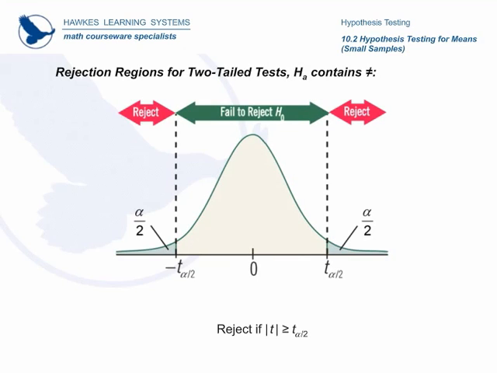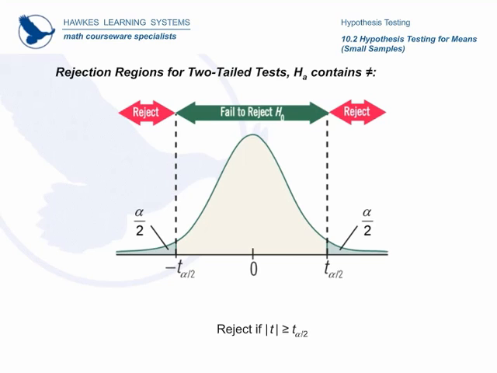Next, let's take a look at our rejection regions for a two-tailed test of our alternative hypothesis, which contains a not equal to. We can see right in the center we have a fail to reject the null hypothesis. So if we fail to reject the null hypothesis, then we agree that the null hypothesis is accurate, that it's true.